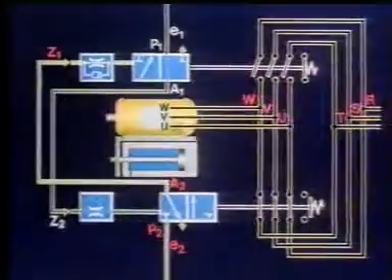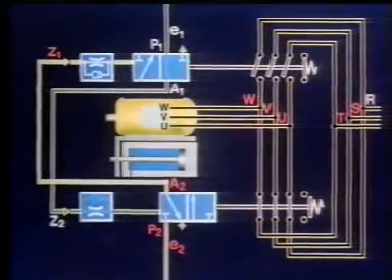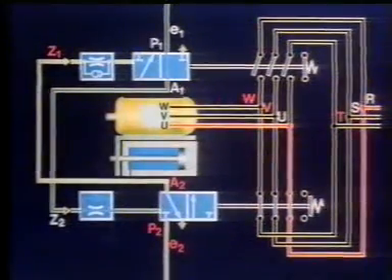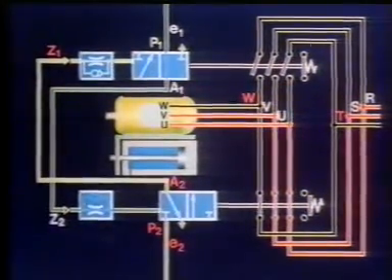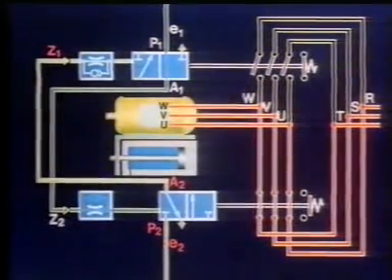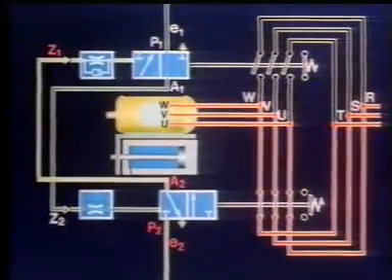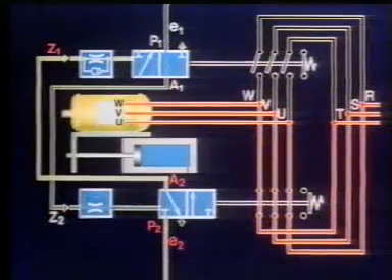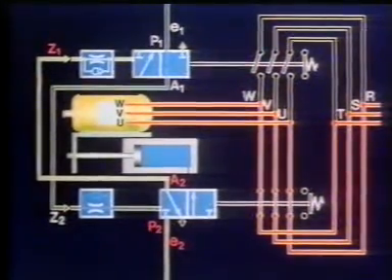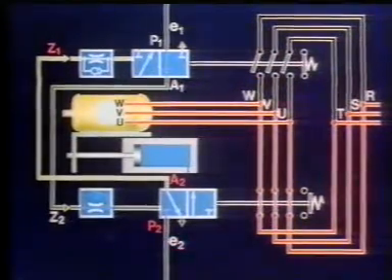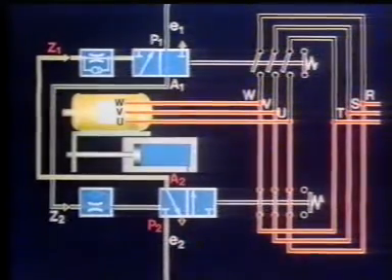In doing so, the line R is connected to the motor connection U, S is connected to V, and T is connected to W. Simultaneously, the contactor blocks passage of a signal E2 to the contactor for counterclockwise operation. Thus, the motor operates only clockwise during the forward travel.